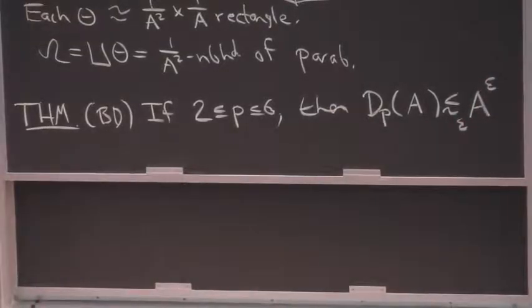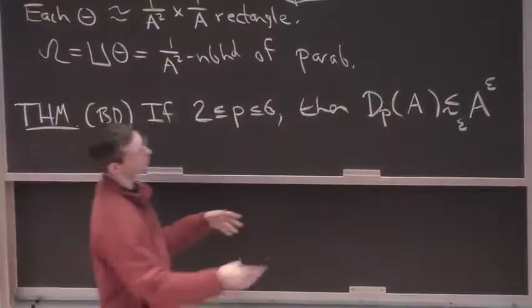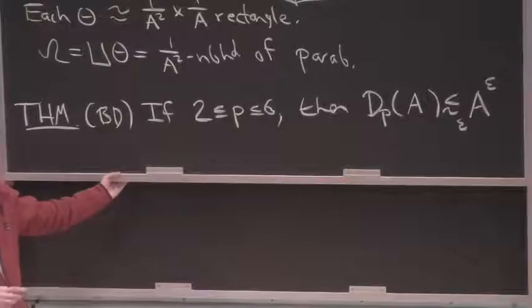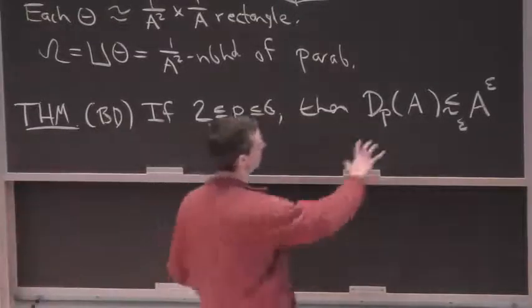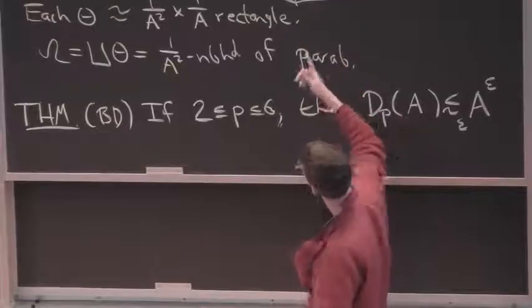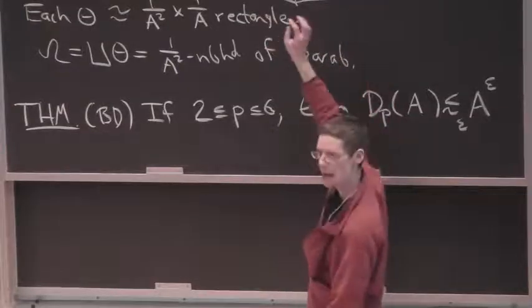For any epsilon, it grows slower than A to the epsilon. And I'm going to use this D p of A. Since this is the main example that I'm going to be talking about, D p of A means the decoupling constant for cutting a parabola into A rectangles.